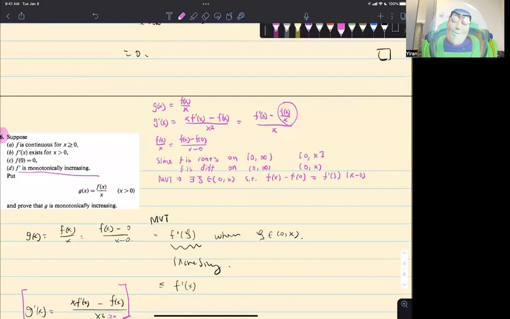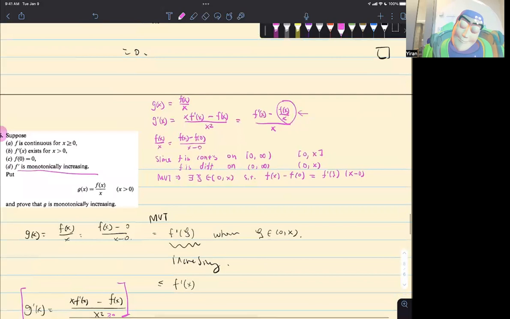And then how will that help us? We can replace this with f prime of x minus f prime of c, divided by x. Recall, notice f prime is monotonically increasing.